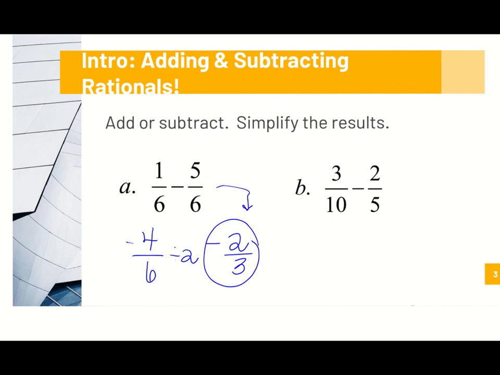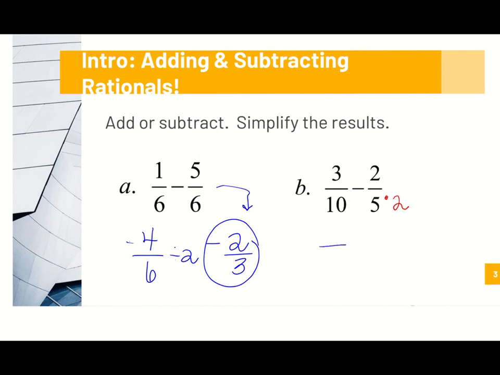So I always want to see, can I make one of the terms turn into the other by multiplying? If I can, I only have to multiply one of the fractions. If I can't, then I have to multiply both. In this case, 5 can become 10 by multiplying by 2. So if I take 5 times 2, I get 10 in the denominator.